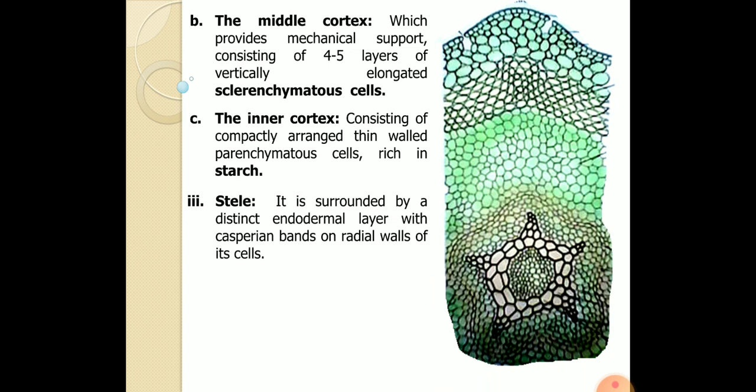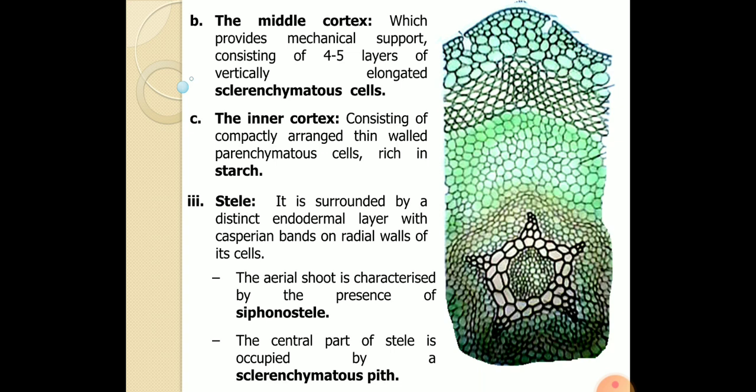The center portion, that's the stellar region, consists of the endodermal layer, and also the Casparian strips will be there. It is a siphonostele. The stem portion consists of the siphonostele, and a sclerenchymatous pith will be present.